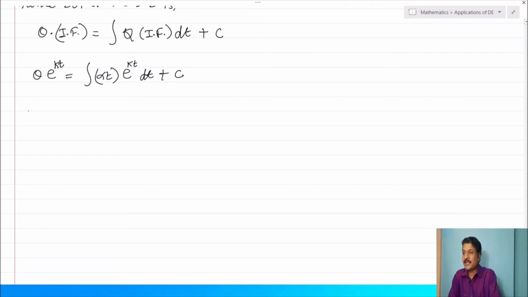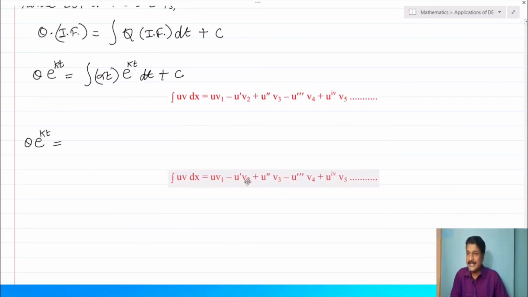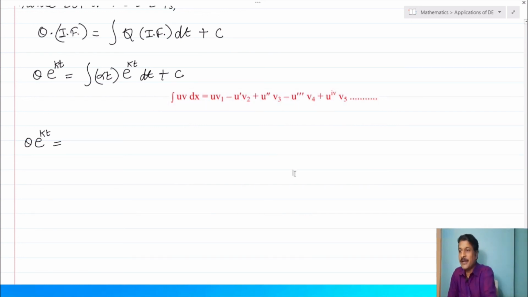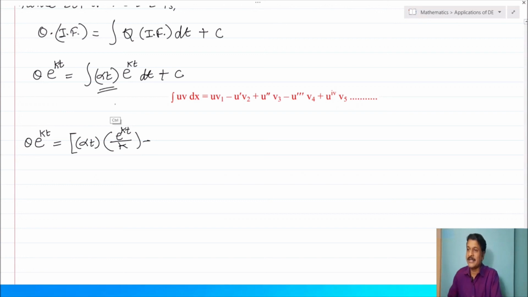When we solve this, θ into e^(kt) equals, using the u-v rule, the continued uv rule, the integration of uv dx. By using that, I can consider this as u and this as v. So I get αt times the integration of e^(kt), which is e^(kt)/k, minus the derivative of αt, which is α, times the integration of this, e^(kt)/k, and since there is already k, it is k squared.